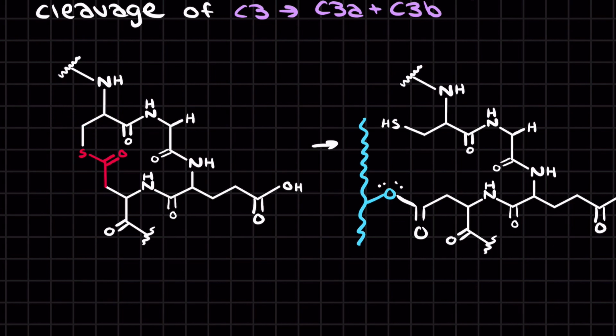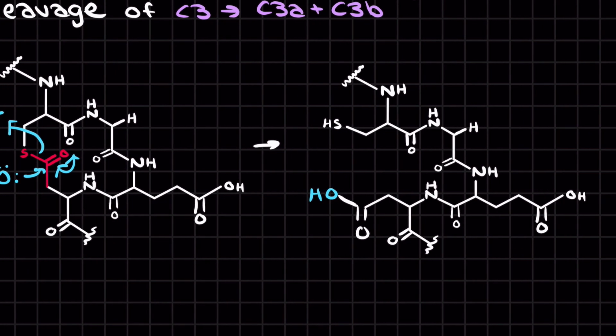We could, just as realistically, have randomly floating water do the same thing. It attacks the carbonyl carbon, pushing electrons up and then back down, and then this will grab a proton. And what we're left with after a little bit of extra organic chemistry is just this form of C3b, where we just have a carboxylic acid group instead.